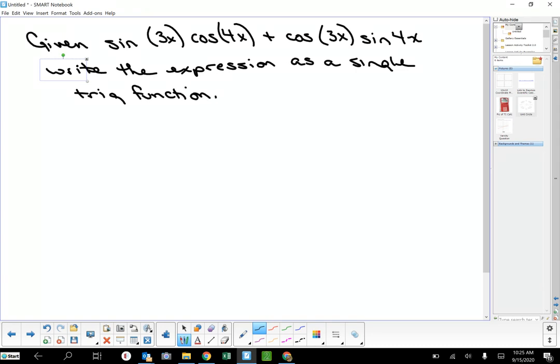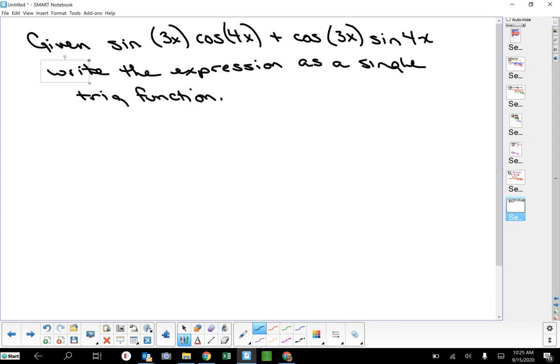And so here's what that means. That means you need to find which trig function, the sum or difference, that's going to fit into. Well, note here how this looks. So we have sine cosine plus cosine sine. Okay, sine cosine plus cosine sine.